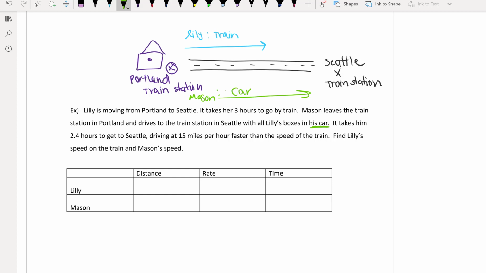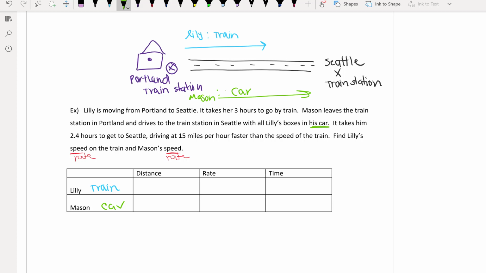So what this is asking you to do, finding Lily's speed and Mason's speed, well, if I'm thinking about speed, then I want the rate of the train and the rate of the car. So here, Lily is going to be represented by the train, and Mason is going to be represented by the car. Okay? And if you want to think about it this way, the distance here is going to be the same, right?